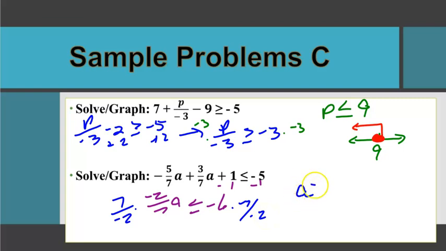So now it's going to be a is greater than or equal to negative 6 times 7 over negative 2, divide by 2 on top and bottom. And now left with negative 3 times 7 times negative 7, which will give us a positive 21. Number line, it can equal it, so it's a filled in circle at 21 and has to be greater than, so it goes to the right.